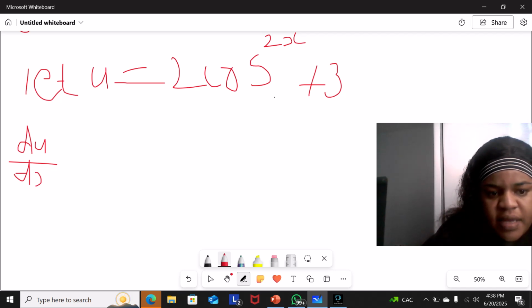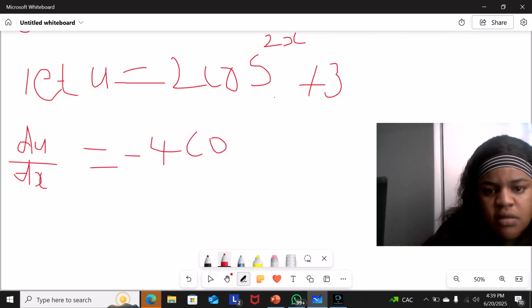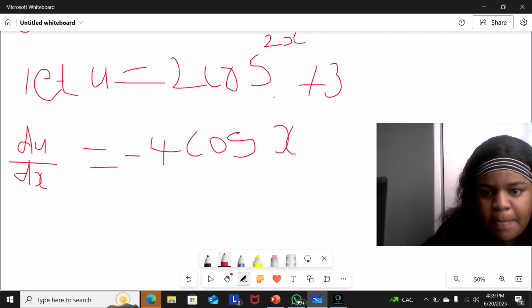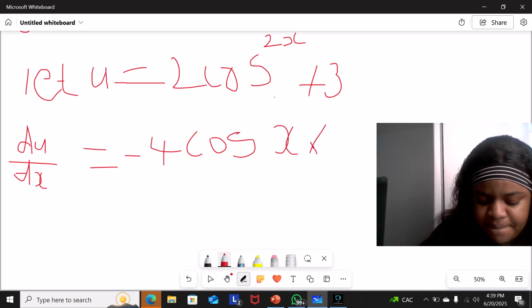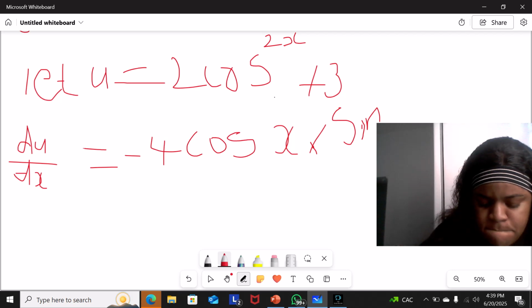And then it's going to be equal to minus 4 cos x times sine x.